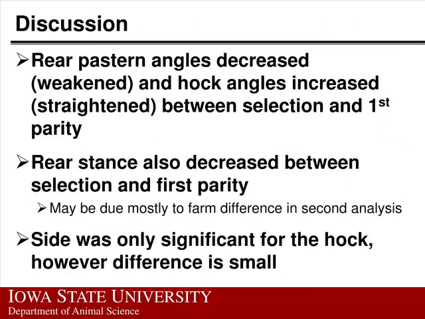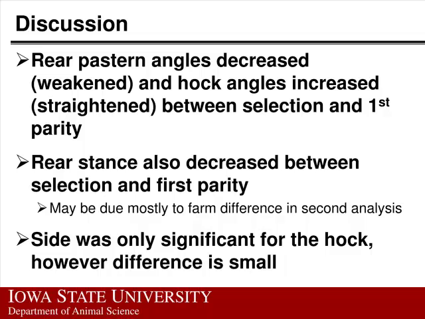For discussion, rear pastern angles decreased or weakened, as we say, and hawk angles increased between selection and first parity. So again, those angles work in opposite directions of one another, so they almost compensated to the same degrees between 0 and parity 1.